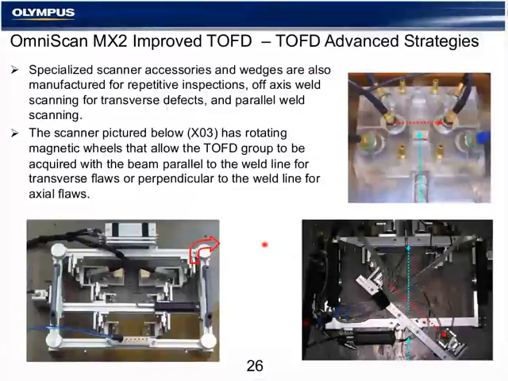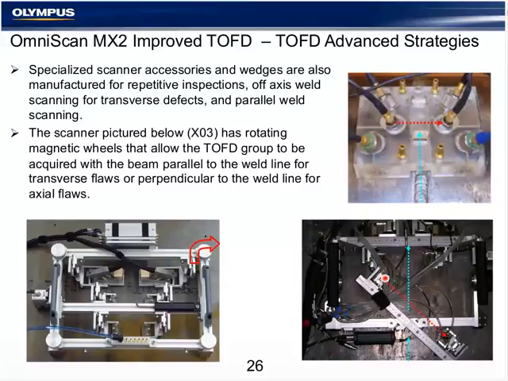There are also different advanced TOFD strategies. With the exception of this one, these two scanners are customized modifications that are not core products from Olympus, but just examples of what some customers are doing, whereas we can introduce the TOFD at an angle for off-axis inspection of the weld line, and then the scanner can be rotated to take it in the other direction, and that's a customer requirement by some of the end users or buyers of phased array services around the world.